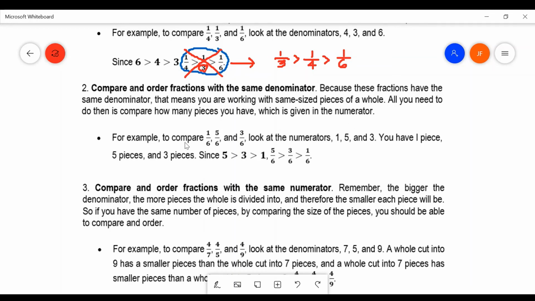For example, to compare 1/6, 5/6, and 3/6, look at the numerators 1, 5, 3. You have 1 piece, 5 pieces, and 3 pieces. Since 5 is greater than 3, greater than 1, then 5/6 is greater than 3/6, greater than 1/6. Okay, this one is correct.